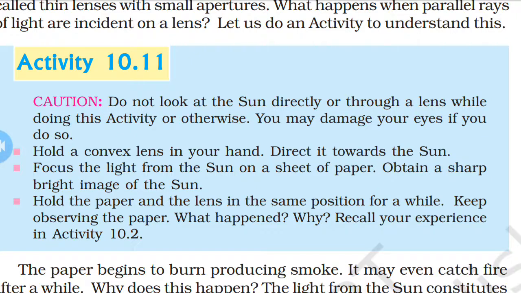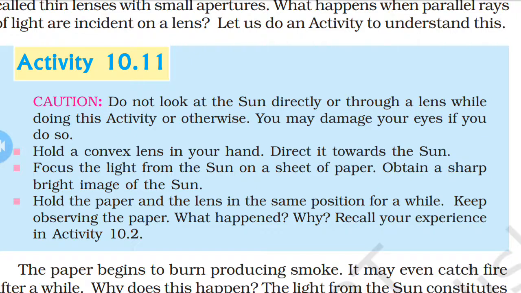Hold a convex lens in your hand and direct it towards the sun. Focus the light from the sun on a sheet of paper. Obtain a sharp bright image of the sun. Now hold the paper and the lens in the same position for a while. Keep observing the paper. What happened and why?